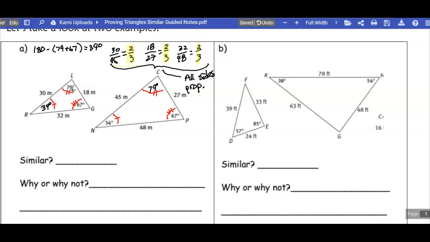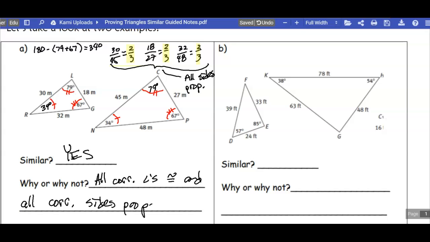We have the corresponding angles congruent, and we have all the sides proportional, so that tells us yes, the triangles are similar: all corresponding angles congruent and all corresponding sides proportional.